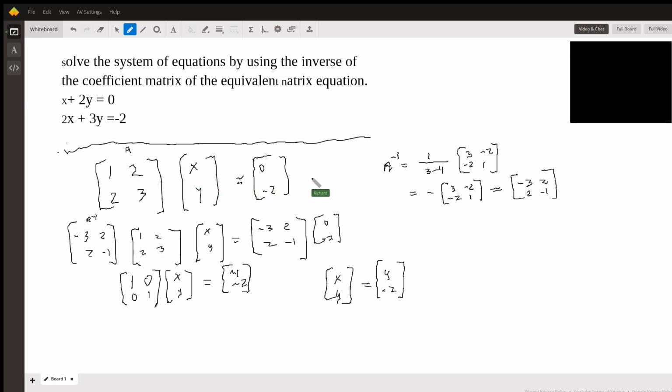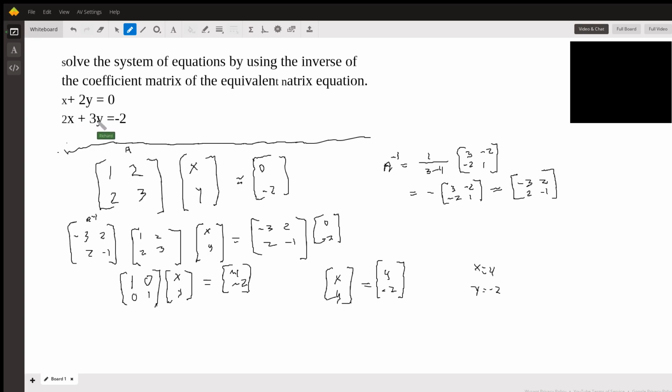Let's check our answer. So our solution here is x equals 4 and y equals -2. Let's see if that works. So that would be 4 minus 4, because 2 times -2 is -4. So 4 minus 4 equals 0, so the x is checked. And if y is -2 and x is 4, you're going to have 8 minus, let's see, 2 times 4 is 8.